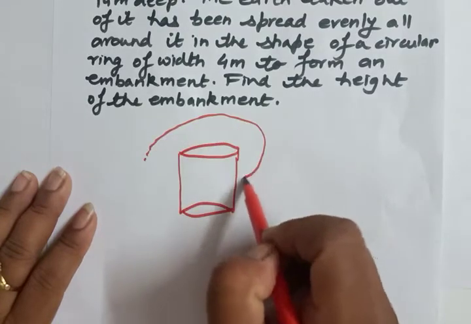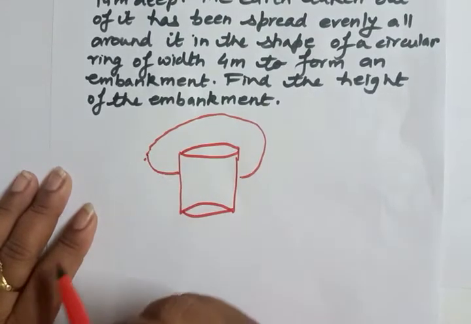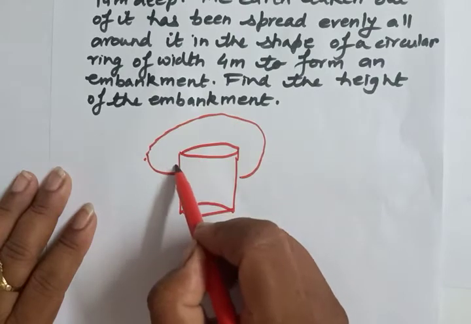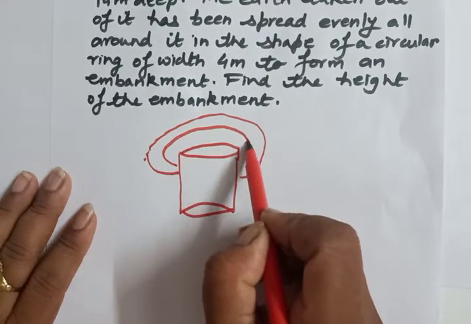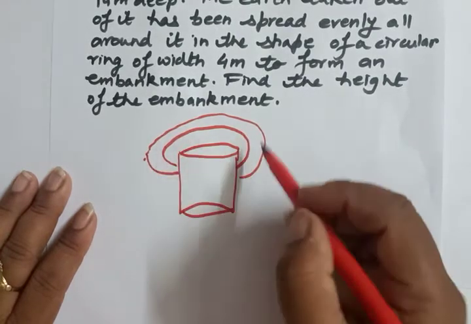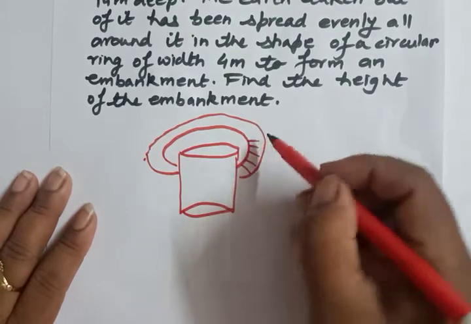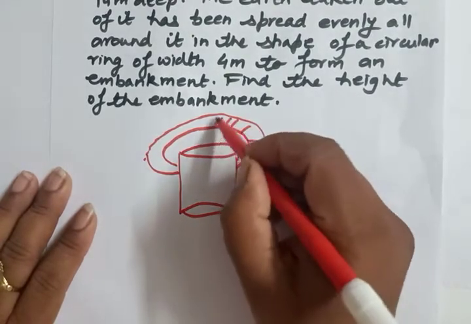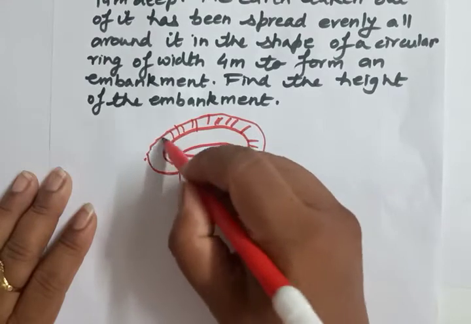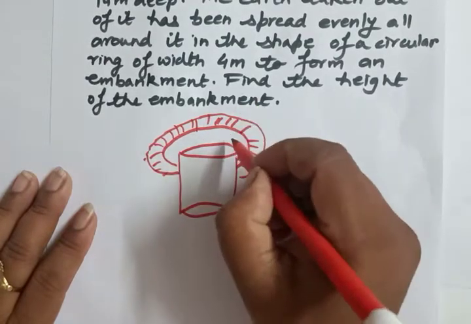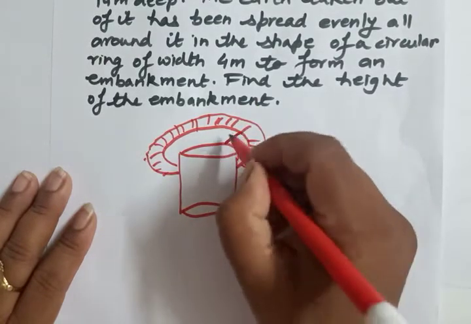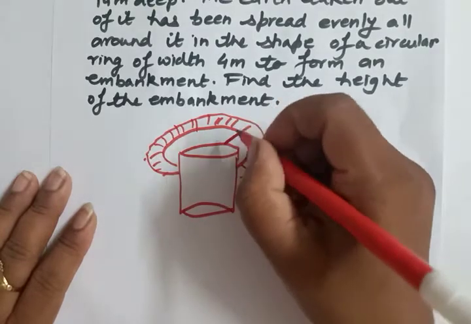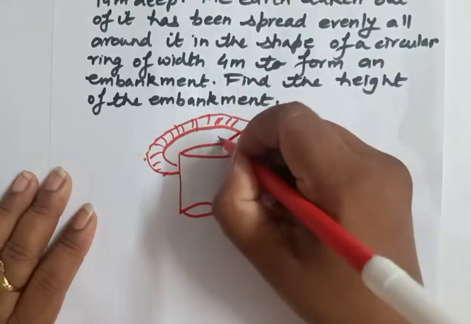So this is actually the height. This is the height of the embankment that we need to find out. And this is the width, that is 4 meter.